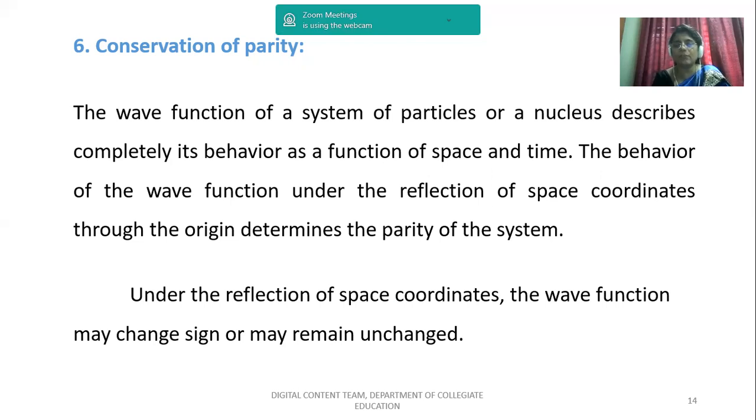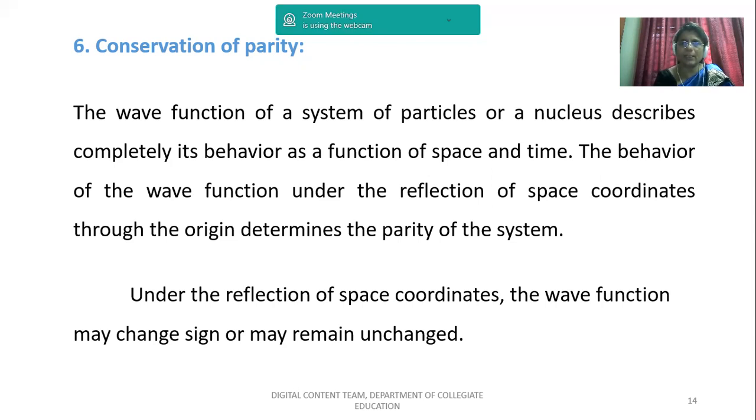When you take the reflection of space coordinates of a nucleus or a system of particles, if the wave function representing it changes its sign after the inversion, we consider how the parity is going to be, and similarly if it remains unchanged, what the parity value will be.